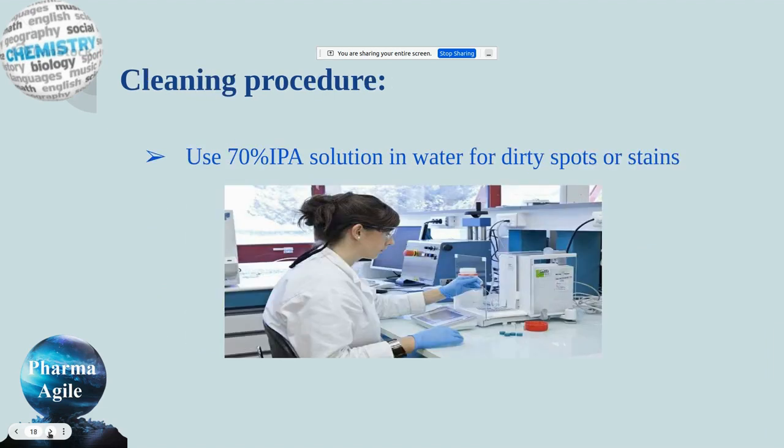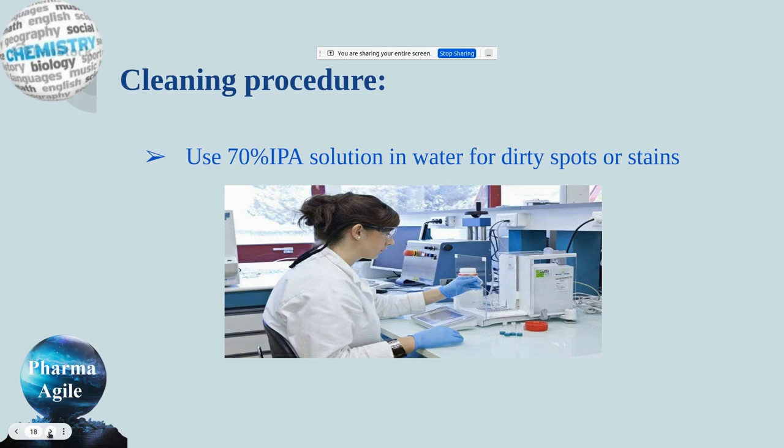Next one, cleaning procedure. Remove powder, if any, from inside the balance using a soft nylon brush and wipe with clean cotton balls. Remove the weighing pan and wipe it with a soft nylon brush if required. Wipe with clean cotton soaked in 70% IPA solution and dry the pan with cotton balls completely before mounting.